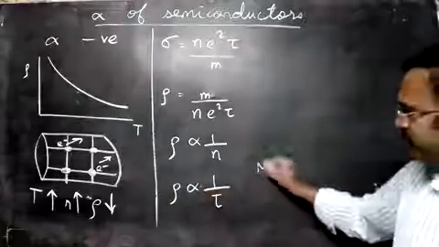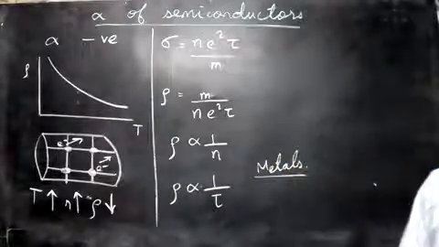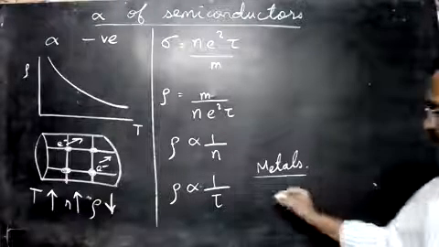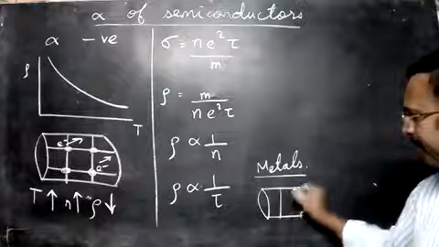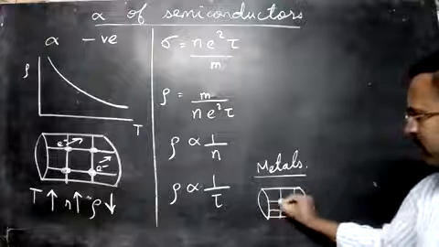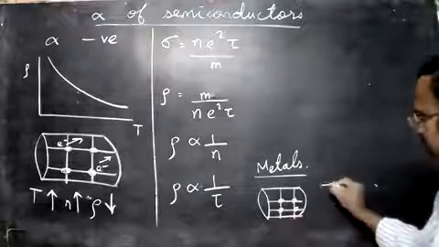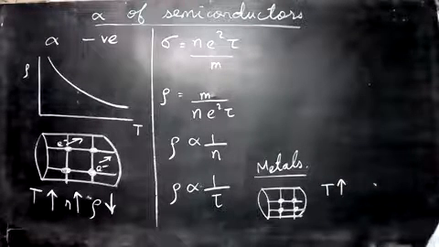Let's see for metals first. What happens for metals? Let's take a metal and draw it here. These are the atoms. As the temperature increases, let's see what happens to the mean free time.